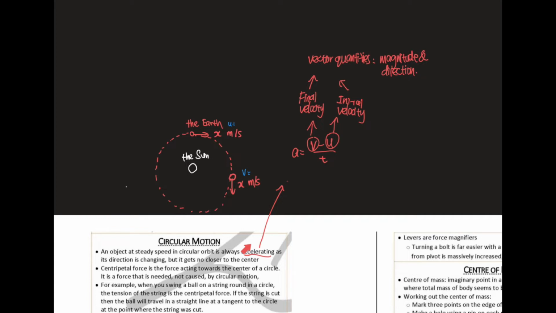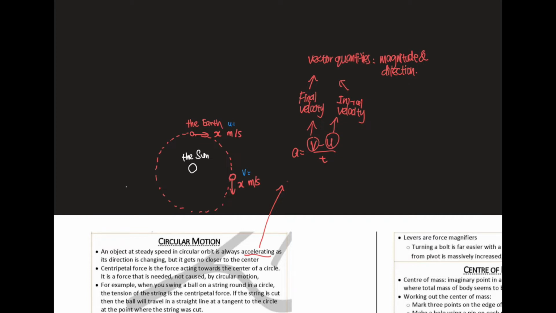But the accelerating here doesn't mean it is getting faster and faster. It is accelerating that causes it to move in a circle. That's why we have to learn something like this. Acceleration that we learned beforehand makes the object go faster and faster.